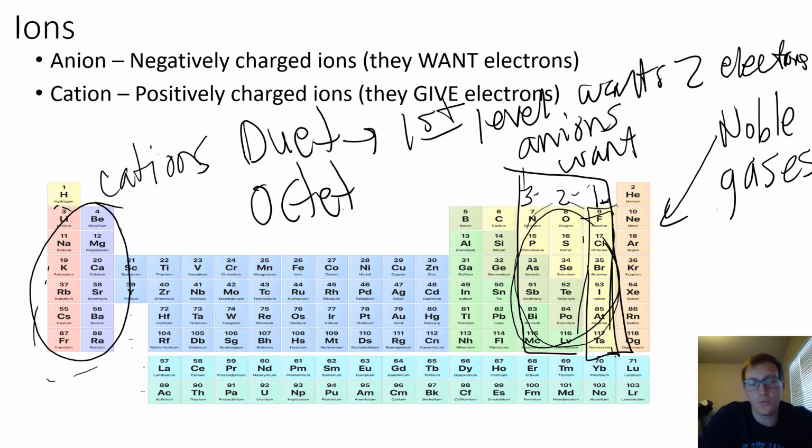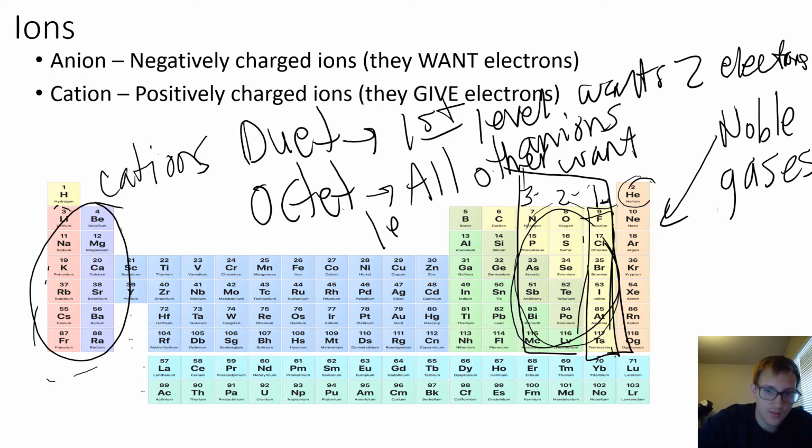Hydrogen has 1 electron in that first level, and helium has 2. Because helium has 2, that level is full, and that's why it doesn't want any more electrons. Everything else needs 8. All other levels need 8 to be full.